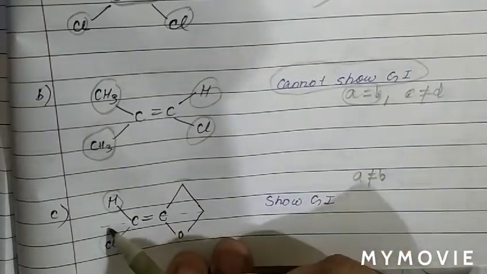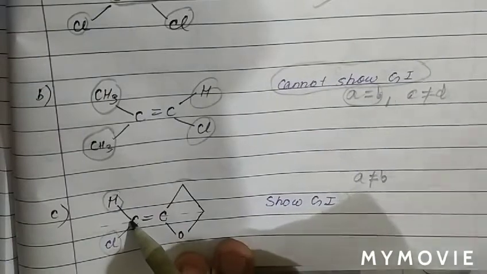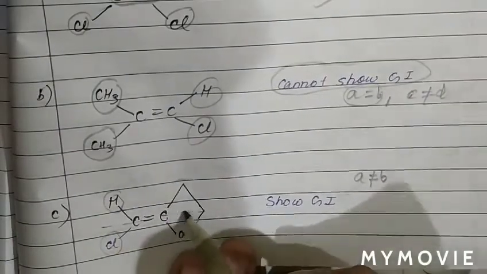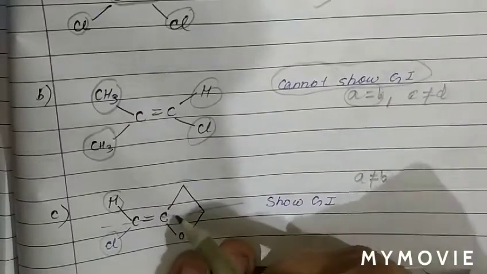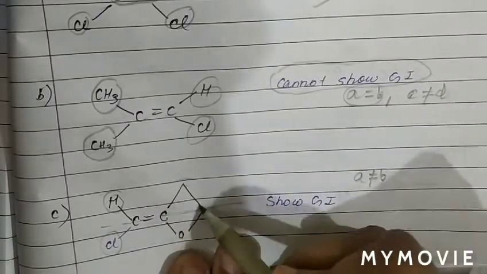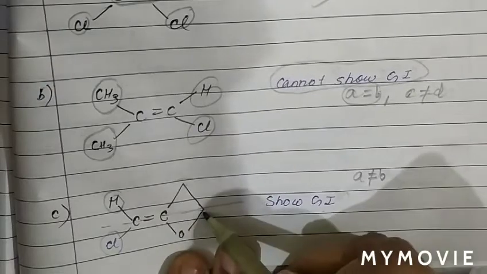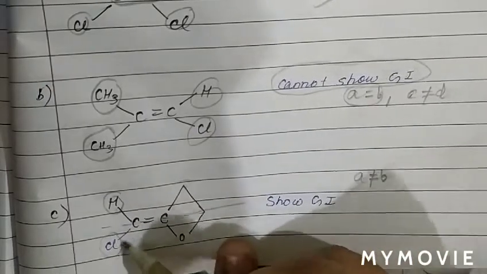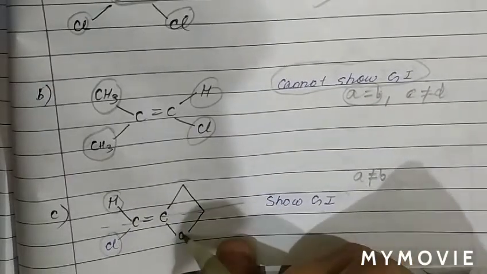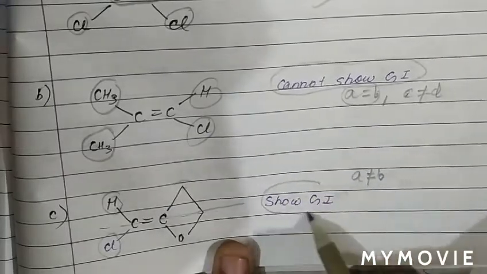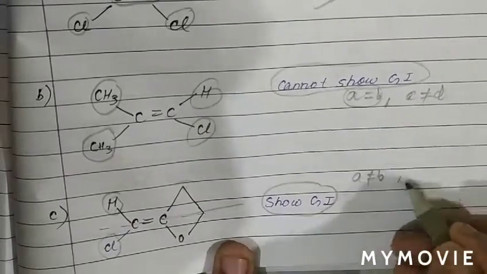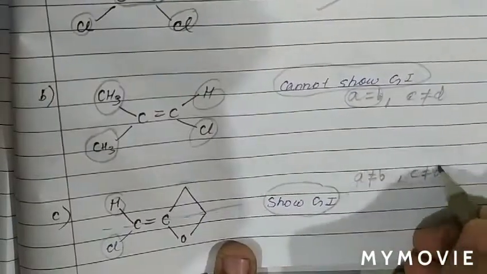When we cut this bond along the horizontal plane, these are two groups. Above this plane there is carbon-carbon, and below this plane oxygen-carbon. So A is not equal to B, and also C is not equal to D. So we can say it can show geometrical isomerism because A is not equal to B and C is not equal to D.